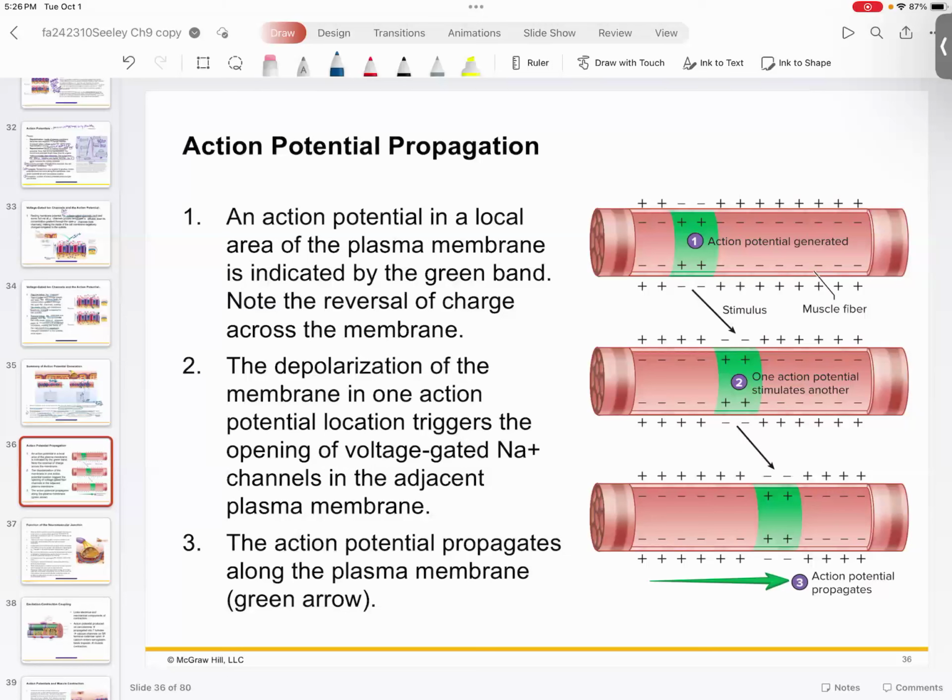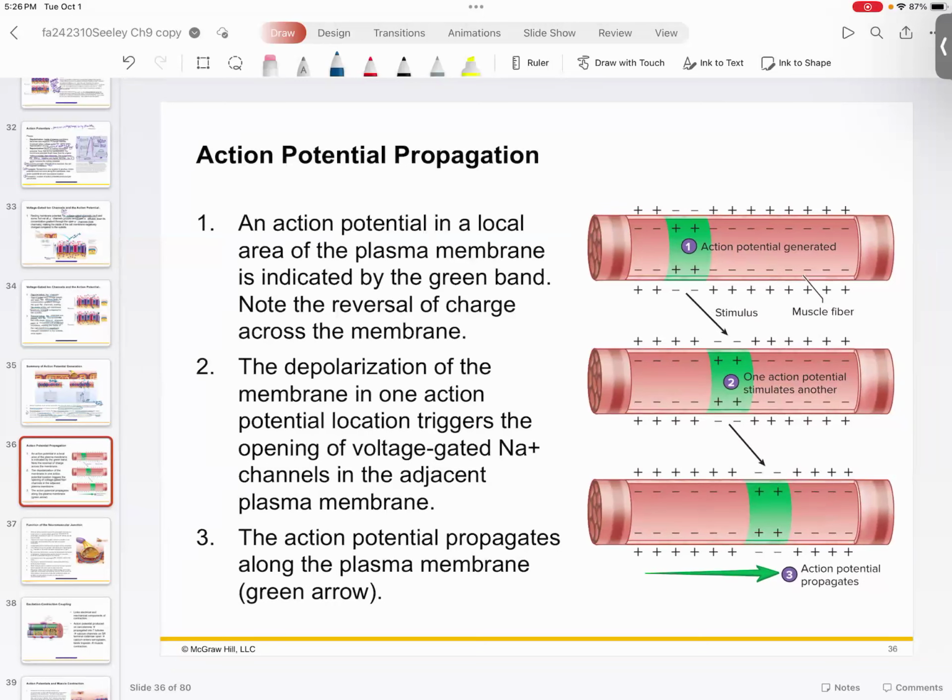And so ultimately, when you have action potential in a local area, the plasma membrane that has been depolarized is basically here noted as a green band. And so the first thing that happens is you get depolarization. So this is your little strip of depolarization. You'll notice it's positive on the inside, negative on the outside. So this is basically your depolarized membrane.